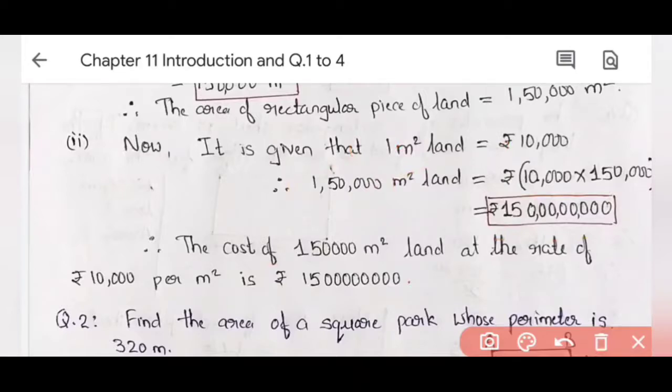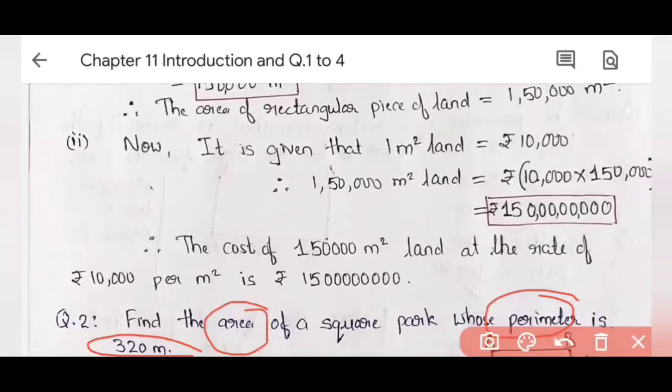Moving to the next question. The question says find the area of a square park whose perimeter is 320 meter. They have given us perimeter and that is 320 meter. We are supposed to find the area.